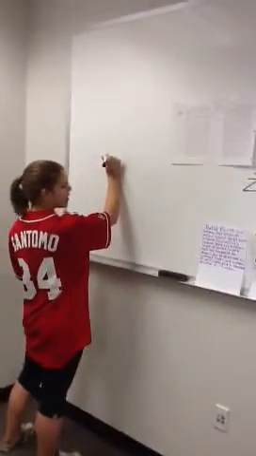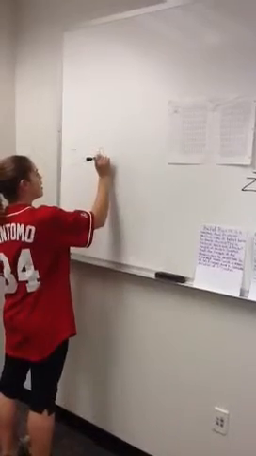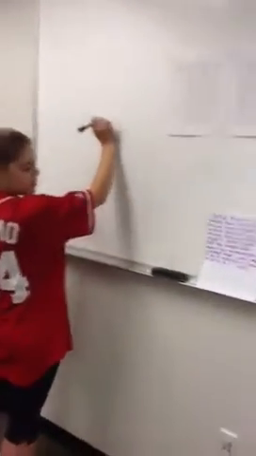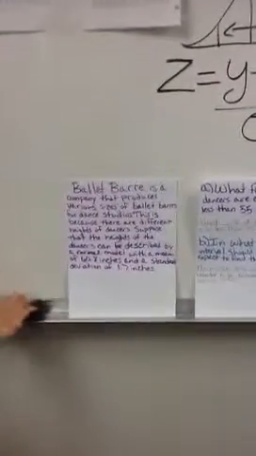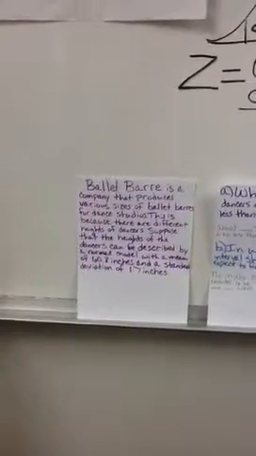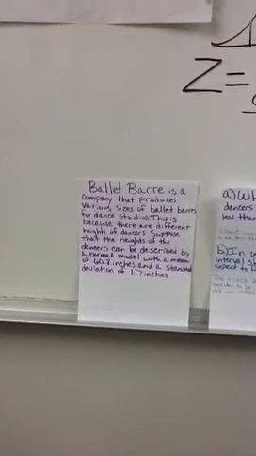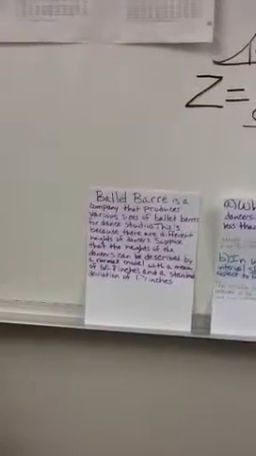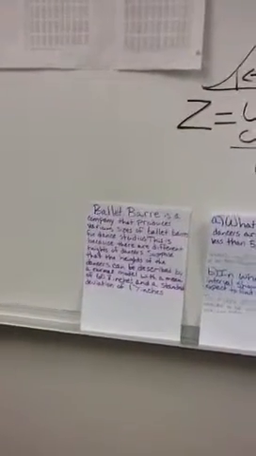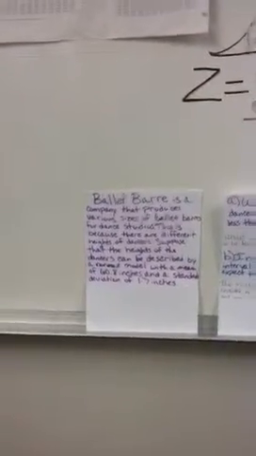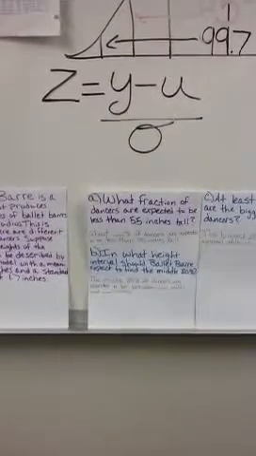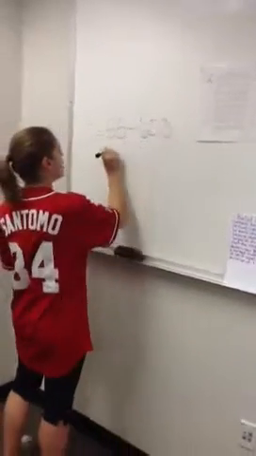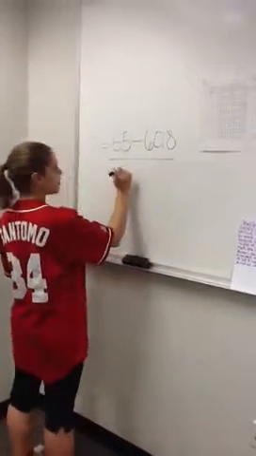So our Y is 60.8. Scratch that, let me start over. Our Y is 55, minus the mean, which is 60.8, over the standard deviation, which is 1.7.